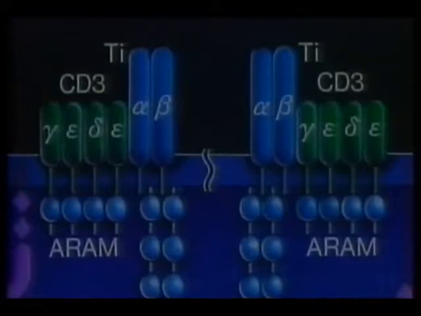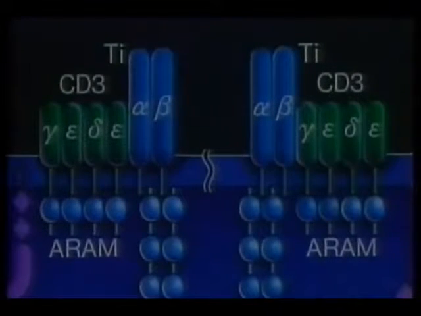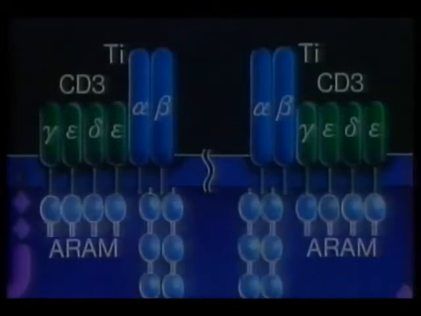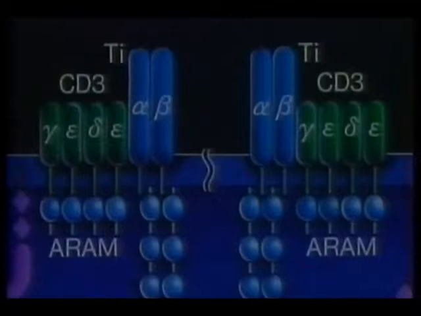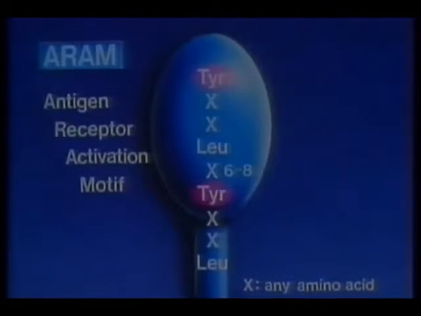T cell receptors are composed of alpha and beta chains and of CD3 complexes, which are made up of gamma, delta, epsilon, and zeta chains. Furthermore, these chains have a special intracellular structure, which is called ARAM. Under tyrosine phosphorylation in the ARAM, the transmission of the signal is carried out.